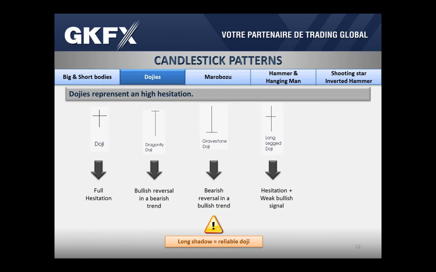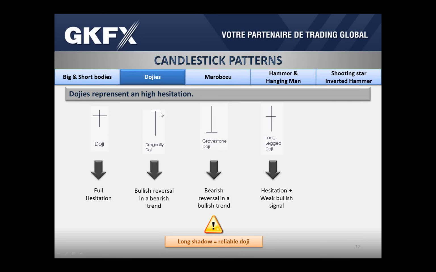Now dojis represent a high hesitation. Here you can see this is a perfect doji, because there is no body and the line is in the middle. So this doji represents a full, total hesitation.